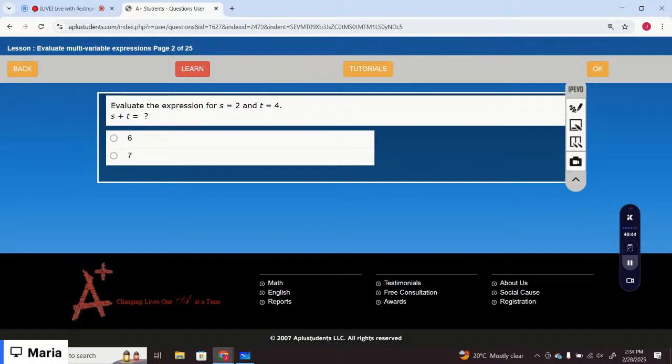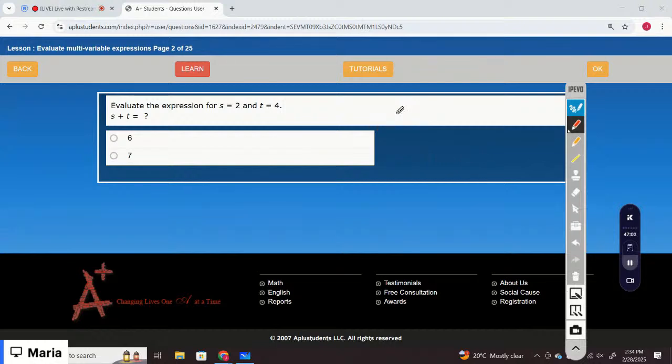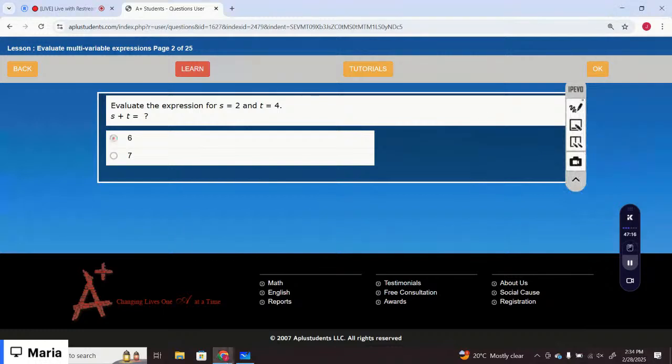Evaluate the expression for s equals 2 and t equals 4. S plus t. So you have to do 4 plus 2. That is 6. Option number 1 is the correct option.